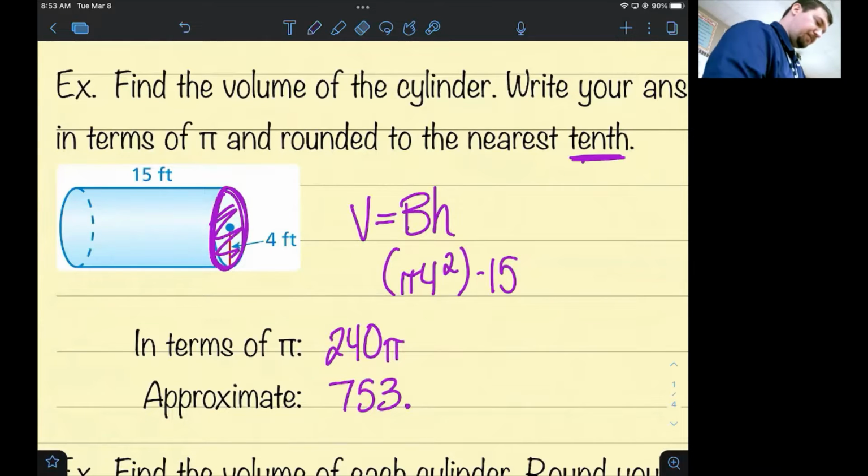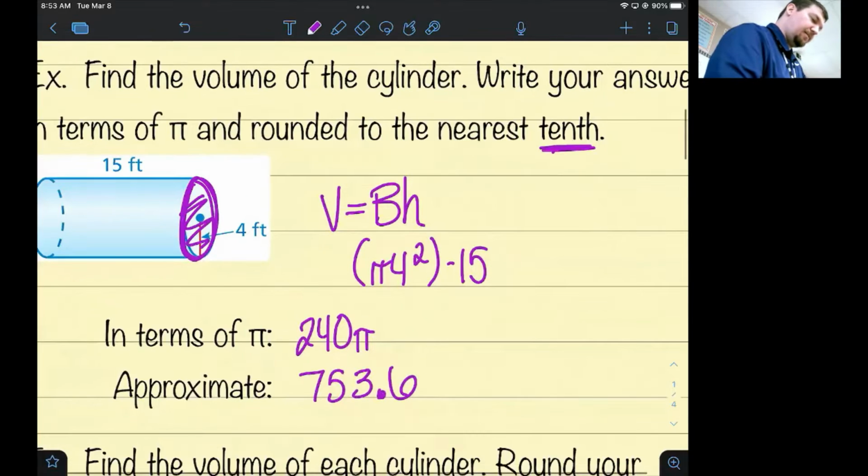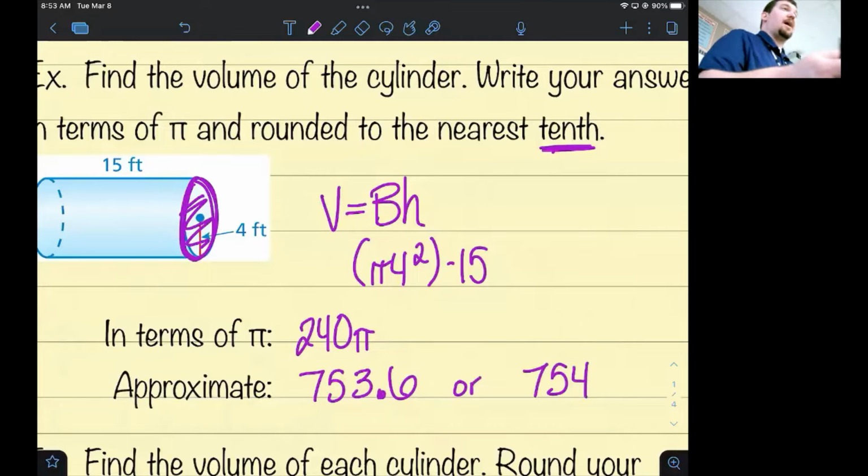What'd you get? 753.6. And then Frank, you used the pi button and got what now? 754.0. So it actually would round up to 754.0. Okay. I'll just put .0 so that we rounded it. And that's going to be in feet cubed because we're doing volume. So both of those answers would be accepted.